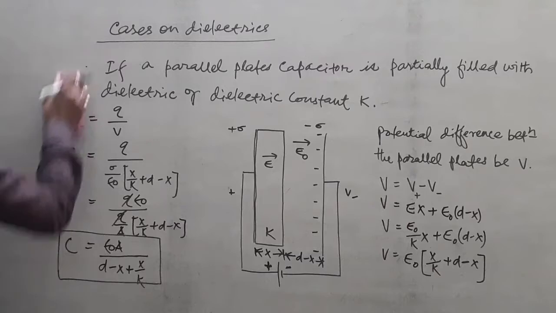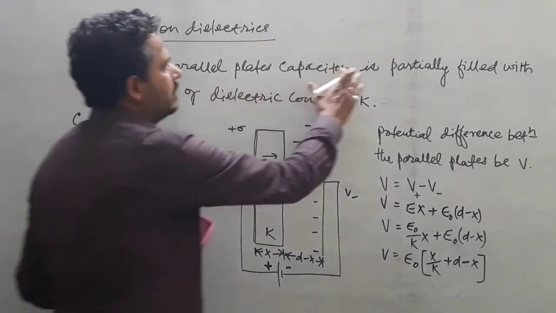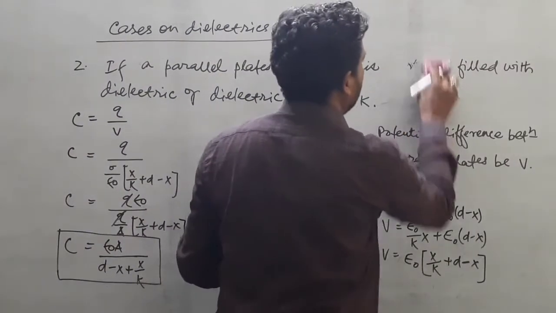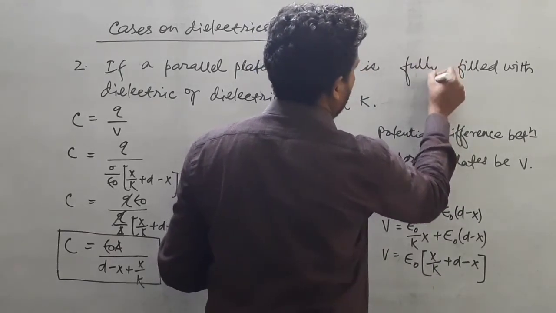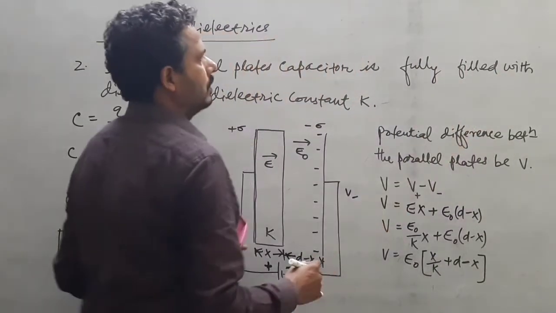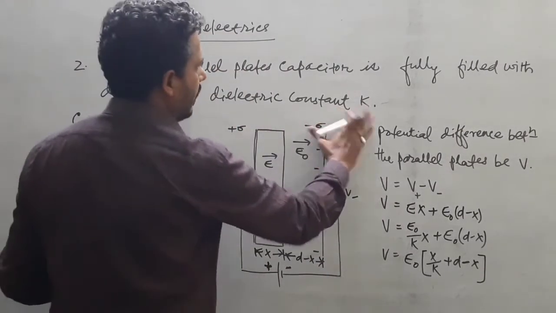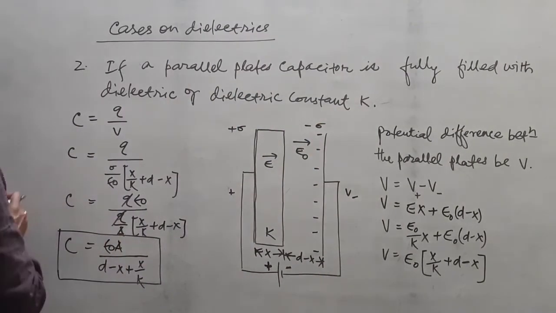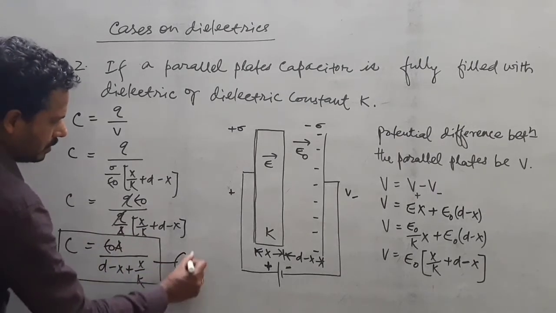Now case 2: if a parallel plate capacitor is fully filled with a dielectric of dielectric constant K, and this one is your equation 1.